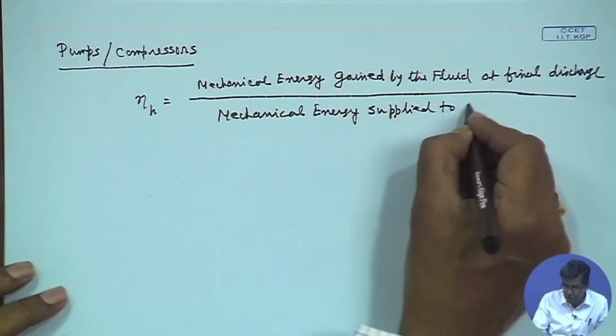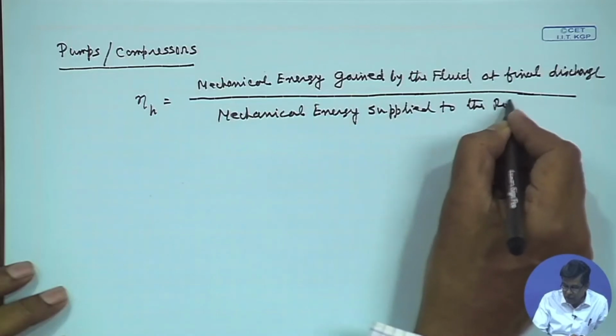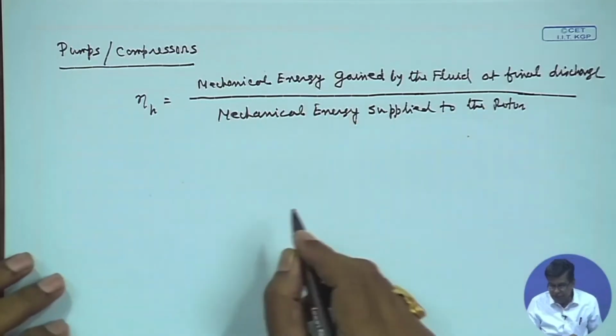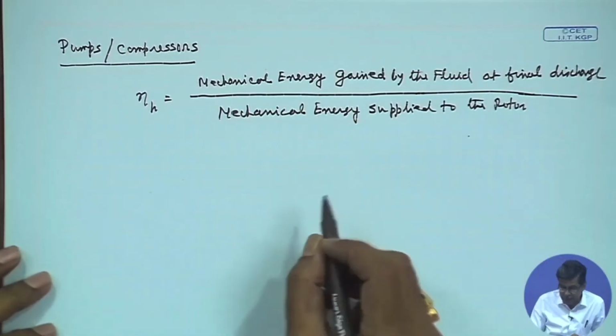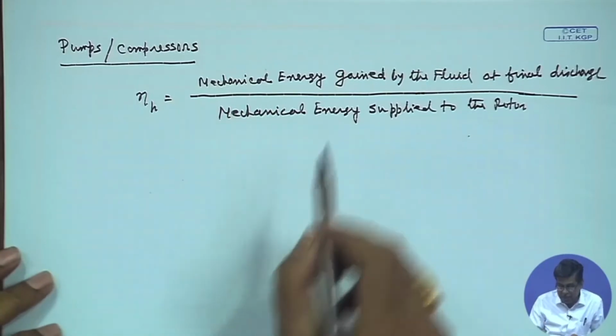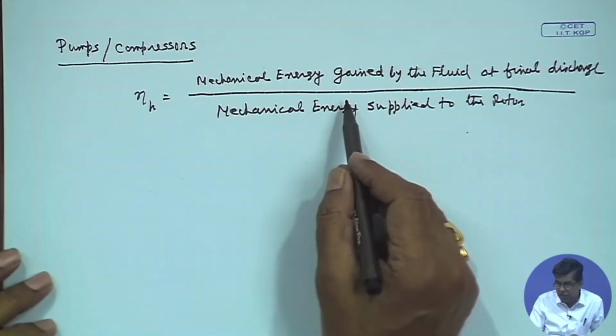Out of that, how much energy is gained by the fluid at final discharge? That is the hydraulic efficiency. That takes care of the losses in the fluid flow.